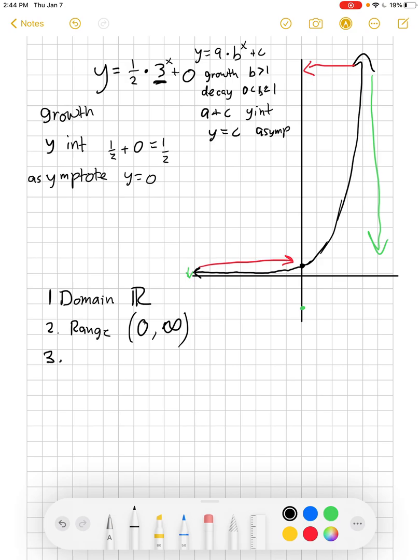Let's talk about the end behavior now. I like to think of end behavior in terms of a caveman first. As x gets big, as we go this way in the x direction, what happens to the y direction? Y also gets big.